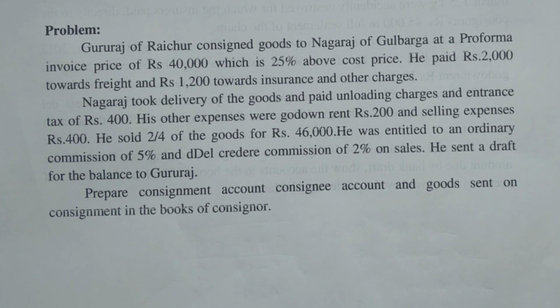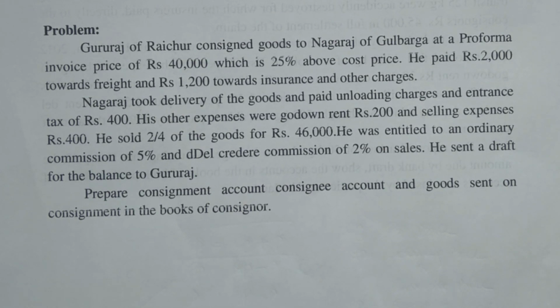Gururaj of Raichur consigned goods to Nagaraj of Gulbarga at a pro forma invoice price of rupees 40,000, which is 25% above cost price. He paid rupees 2000 towards freight and rupees 1200 towards insurance and other charges.